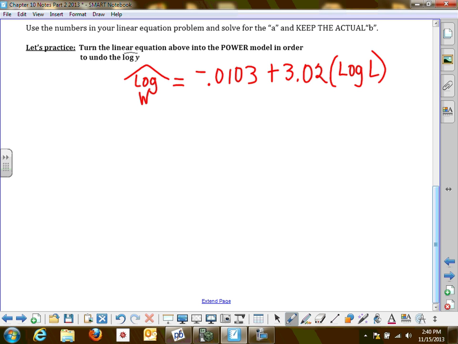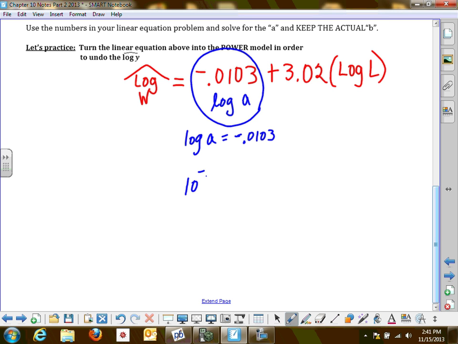Alright, so let's undo this log problem. This y-intercept is where the a value is derived. Okay, so remember to do this, I am saying log a equals negative 0.0103. And then how do I undo this log here? 10 to the negative 0.0103. And that's what a is. I have computed that value, and it is 0.977.